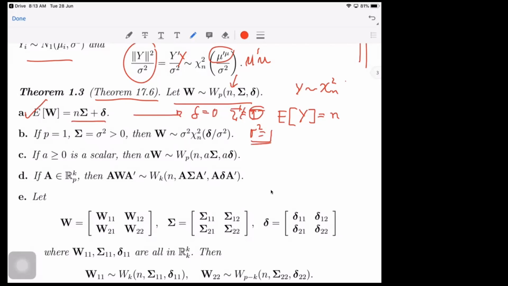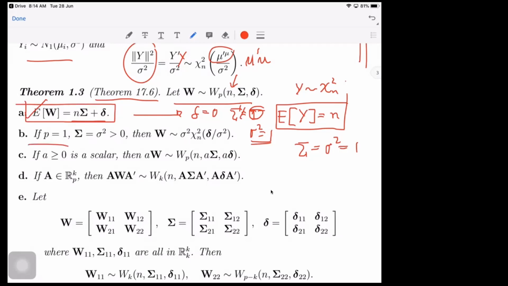But in the univariate case, if your sigma, which is equivalent to sigma square, is just 1, and it is central, so that's why you have there, it is just equal to the degrees of freedom. But in general, this is how you find the expected value of a Wishart random variable.